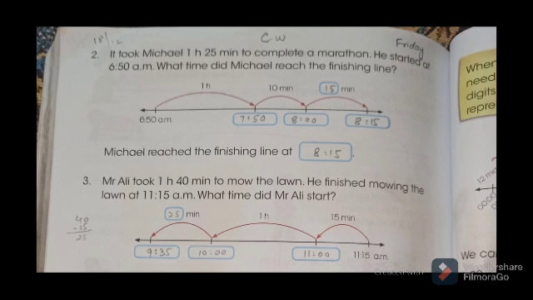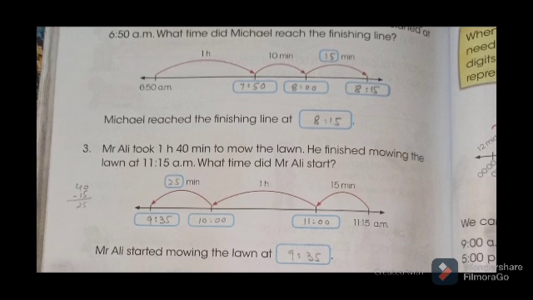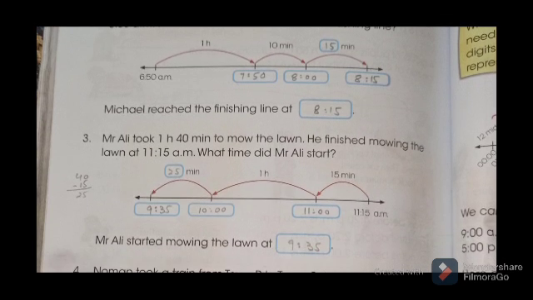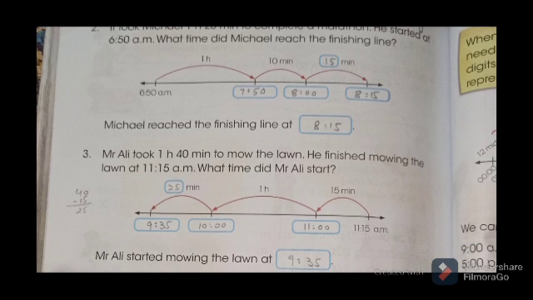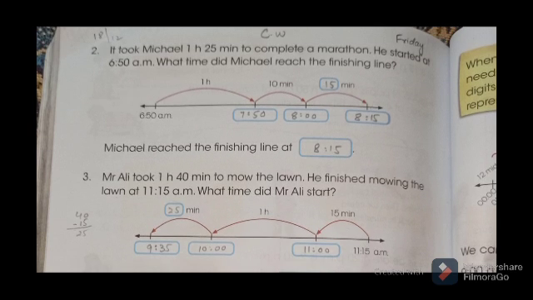Question number 2 is, it took Michael 1 hour 25 minutes to complete a marathon. He started at 6:50 a.m. What time did Michael reach the finishing line? What is a marathon? It is a racing competition. If he started at 6:50, after 1 hour the time will be 7:50.